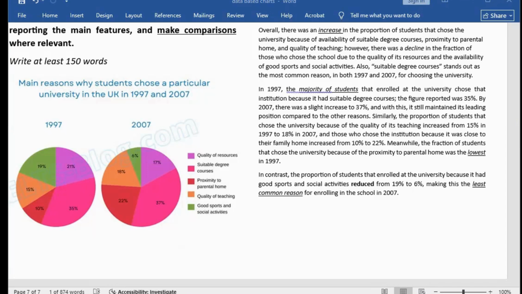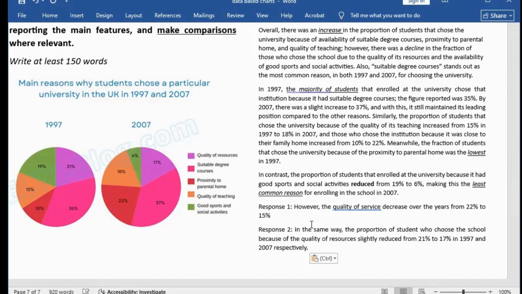Maybe I should copy this out so that you guys can see it. So this is response 1, and this is the second response I'm reading now.